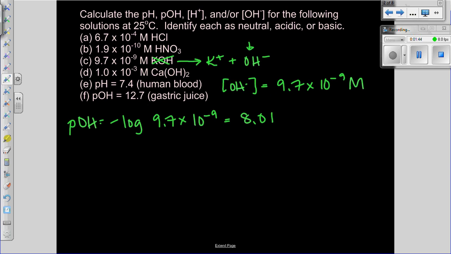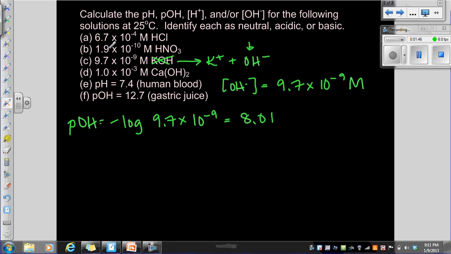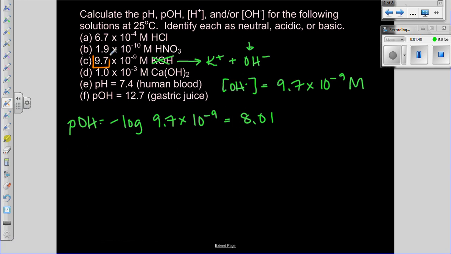Okay, checking significant figures. In the prompt, my molarity had two sig figs. So for pH or pOH, that means I'm going to use two numbers after the decimal. So my pOH is 8.01.